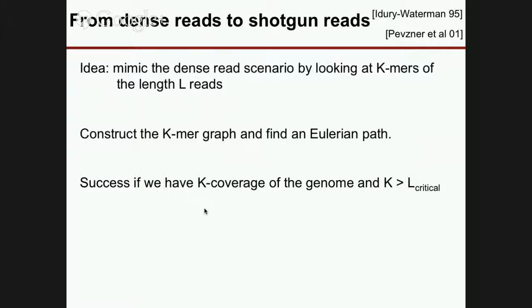The first condition is that K should be larger than the critical read length, right? Because if K is not larger than the critical read length, then this problem with k-mers is not going to reconstruct, right? So that's the first condition. So K should be larger than L critical, which is that condition over there.